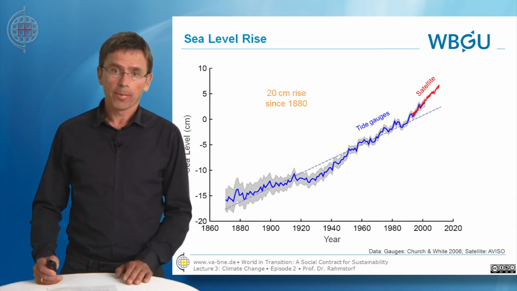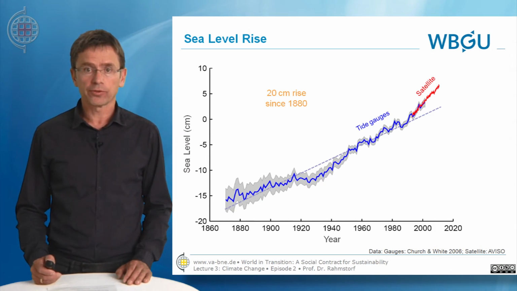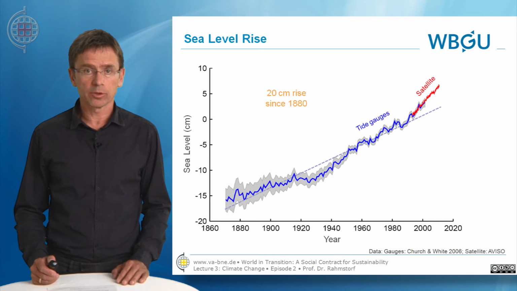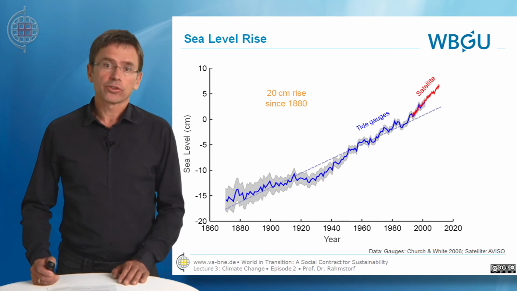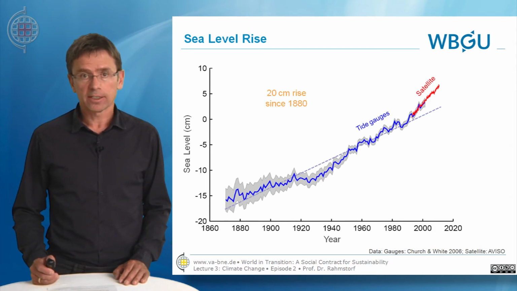We see here the global sea level measurements in the blue curve from the tide gauges, mostly in harbors, that have been measuring sea level, some of them actually for several centuries back. And the red curve shows the global measurements from satellite, which started in the year 1993.